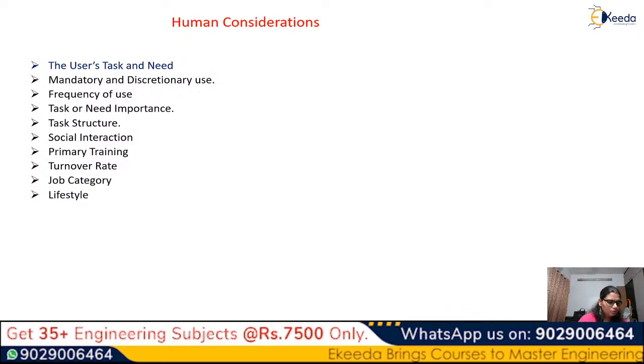Then the frequency of use. That means this technical device which you're going to develop. This is about the history: how many times has the user used this interactive system? For example, you are filling a form for your exam, suppose the GATE exam, and you have frequently visited the GATE site to know what documents are required and what information you need to fill.